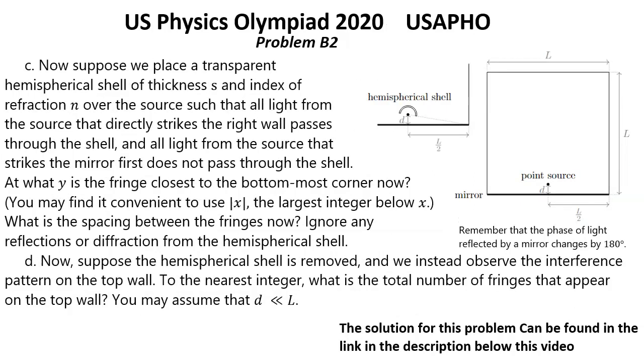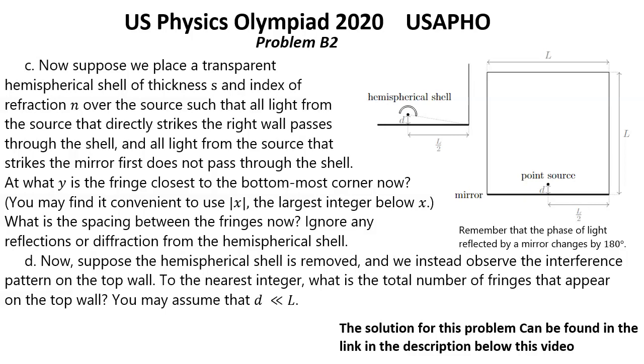Question C. Now suppose we place a transparent hemispherical shell of thickness s and index of refraction n over the source such that all light from the source that directly strikes the right wall passes through the shell, and all light from the source that strikes the mirror first does not pass through the shell.